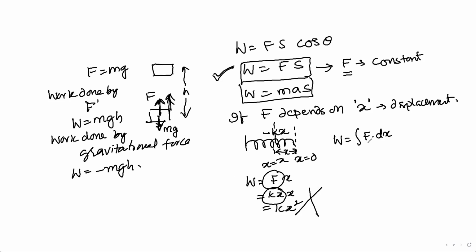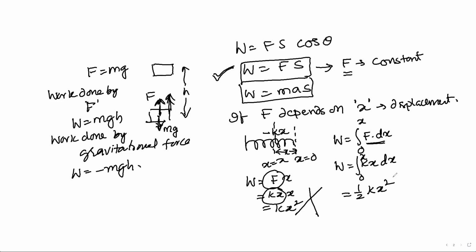F dot dx is the work done to compress by dx, and this x is from 0 to x. Then work done equals integral of kx dx from 0 to x. If you do this, you get half kx square.